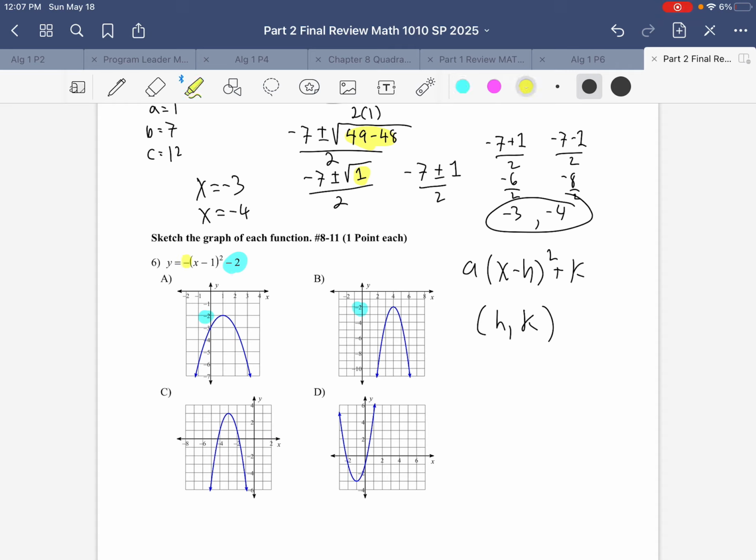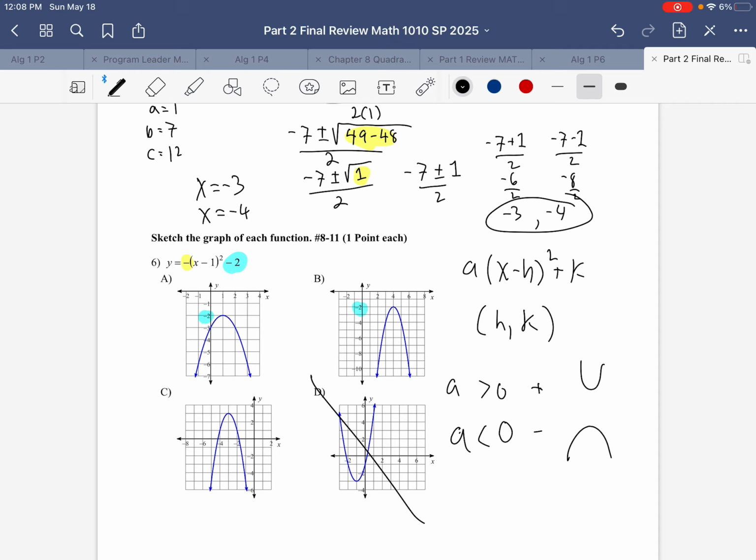And when I see a negative in front, if a is positive, greater than 0, I'm going to be concave up with my parabola. When a is less than 0, when a is negative, it's going to be concave down. So I can already say that D is not an option.